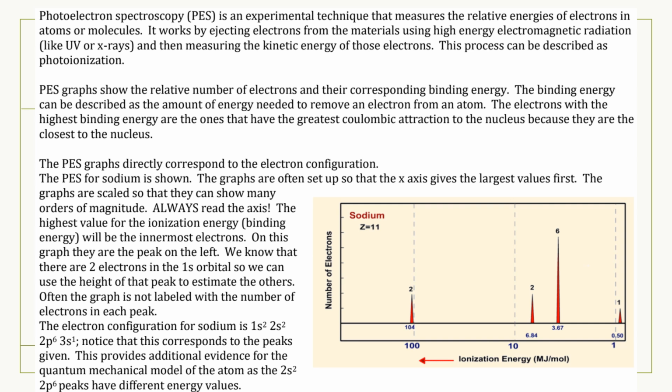Then you notice the third peak is 3 times the two of them, and so on. The last one over there is half of the 2, so it's 1. So 1s2, 2s2, 2p6, 3s1. Something you're going to have to be able to do is look at a graph and recognize what element it is and what the electron configuration is.